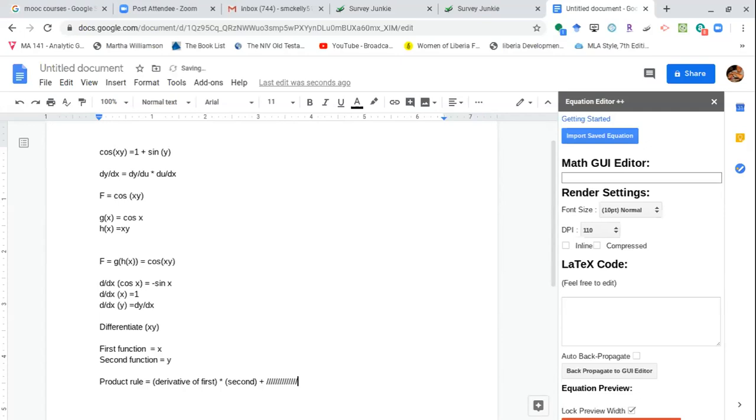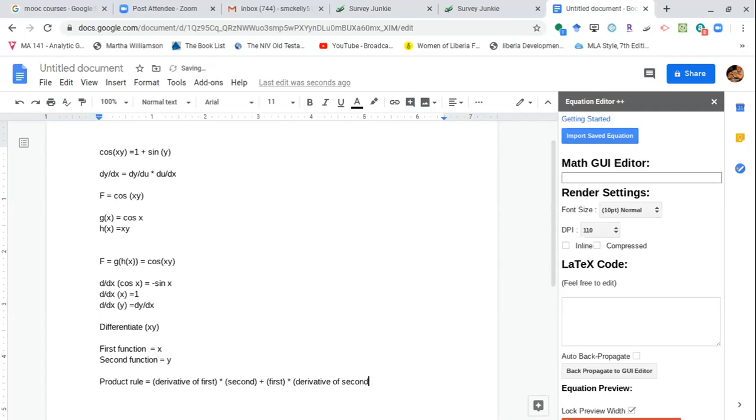I do the term after the plus first, but that's just how I learned it.